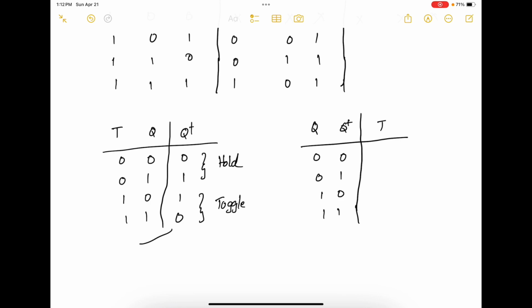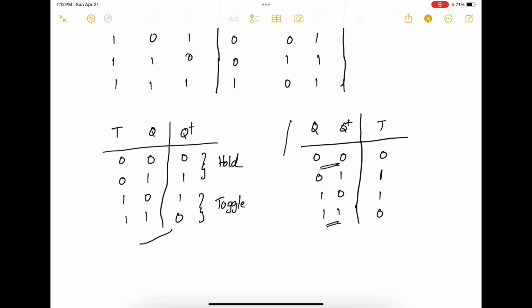If Q is 0 and Q plus is 0, then your T can be a 0. Basically, you're holding the previous value. You can only hold the value if T is 0. If Q is 0 and Q plus is 1, then it's a toggle operation. Therefore, T must be 1. Again, T must be 1. And here, T must be 0 because it's holding the state.